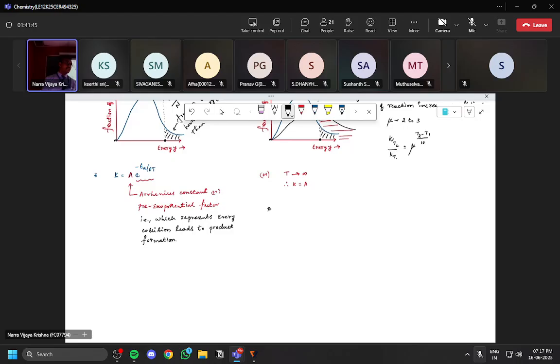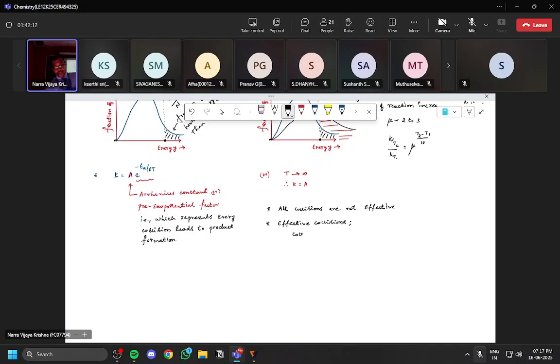Is it clear? According to collision theory, all collisions are not effective. What is the meaning of effective collisions?